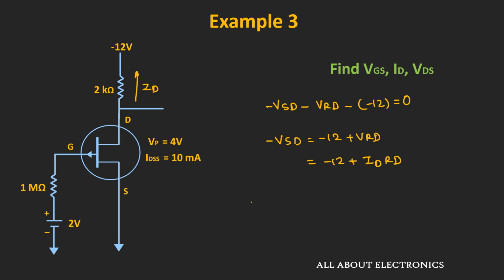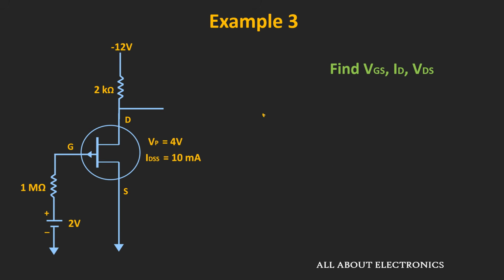Now minus VSD is nothing but VDS, because VSD can be written as VS minus VD, so minus VSD is equal to VD minus VS, or simply VDS. So VDS is equal to minus 12 plus 2.5 milliampere times 2 kilo ohm, that is equal to minus 7 volt.